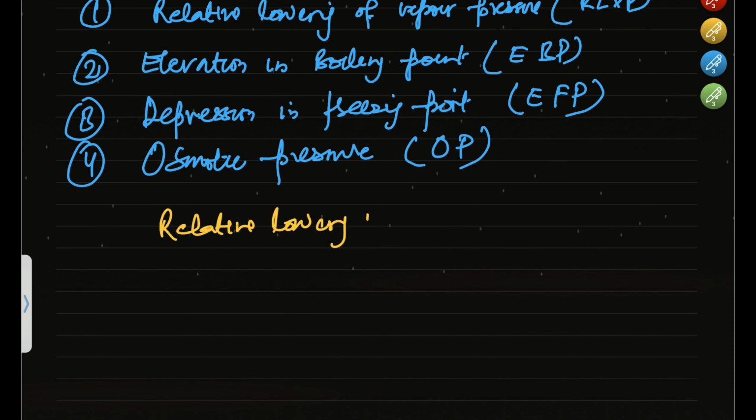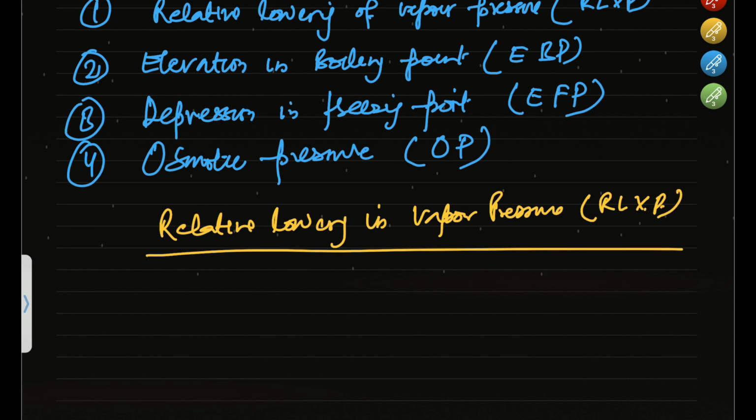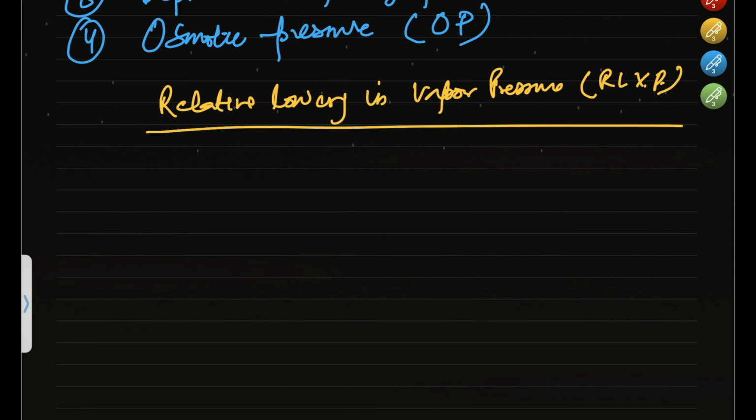Relative lowering in vapor pressure, RLVP. We have already learned that when a non-volatile solute is added to the solvent, the vapor pressure of the solution decreases. इसके लिए हम दो क्लोज वेसल्स लेंगे.